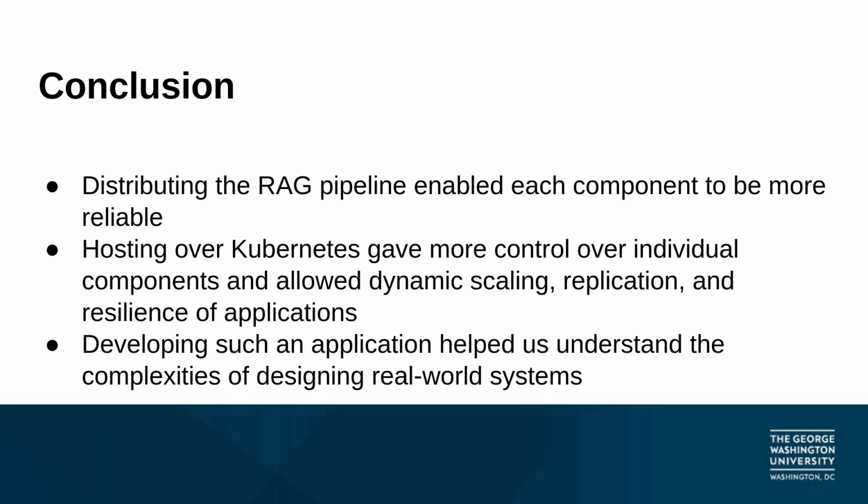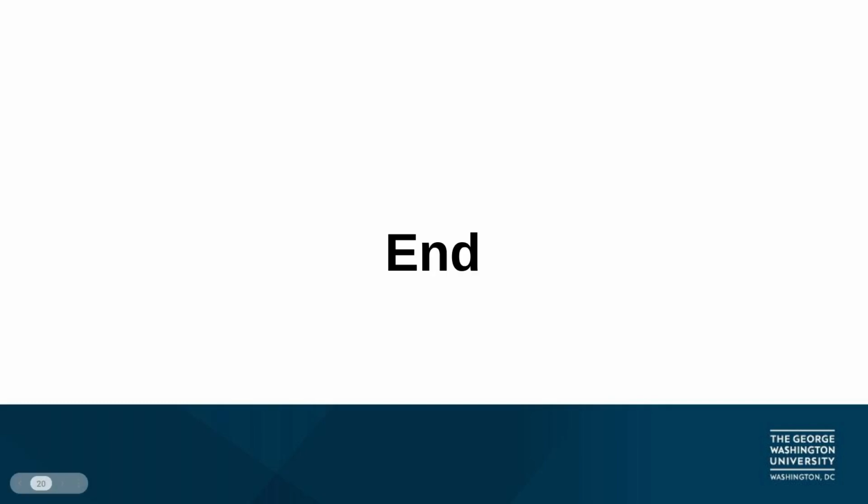Using Kubernetes gave us the kind of control over individual components so that we were able to dynamically scale, replicate, and provide more resilience to the application. This also helped us understand how complex real-world systems are, and it's good knowledge that we have gained throughout this project. Yep, the end.